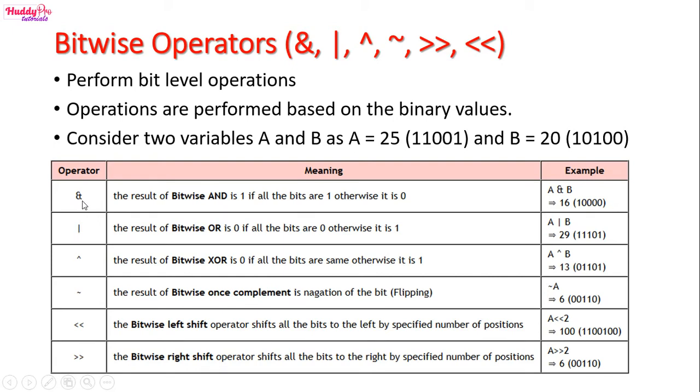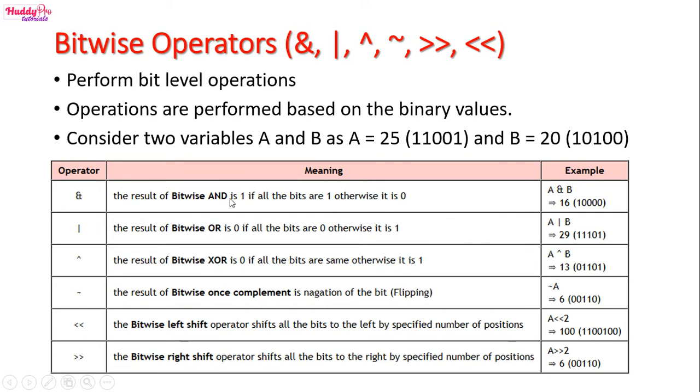We have the bitwise AND, the bitwise OR, bitwise XOR, bitwise ones complement, the bitwise left shift, and the bitwise right shift. Now note that the bitwise AND resembles the logical AND, but this time we only use a single symbol, and even for the OR we use a single symbol. So take note of that difference.